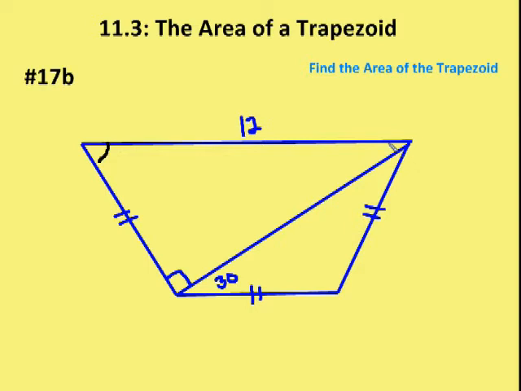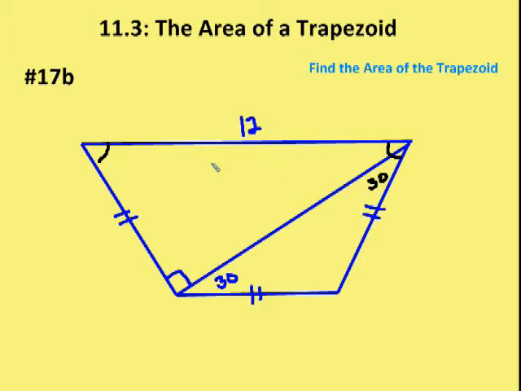So let me just mark this up as two congruent angles. Well, we also have another isosceles triangle here. And we know that if the sides of this triangle are congruent, then the base angles are going to be congruent. So I mark this as 30 degrees.